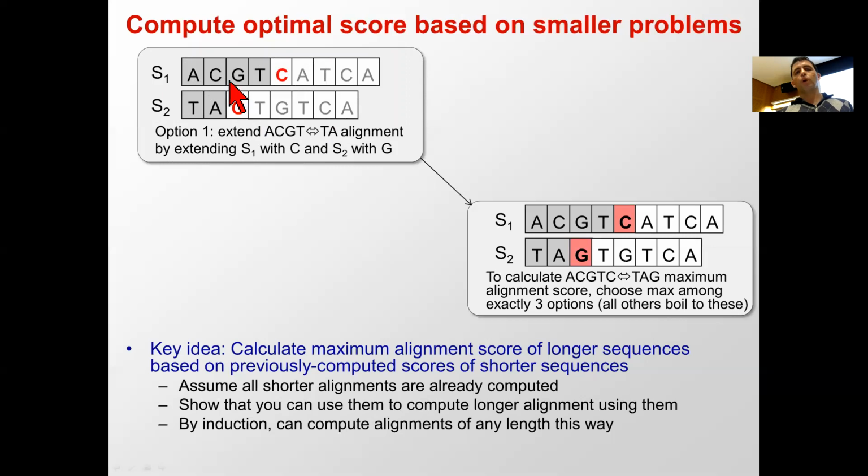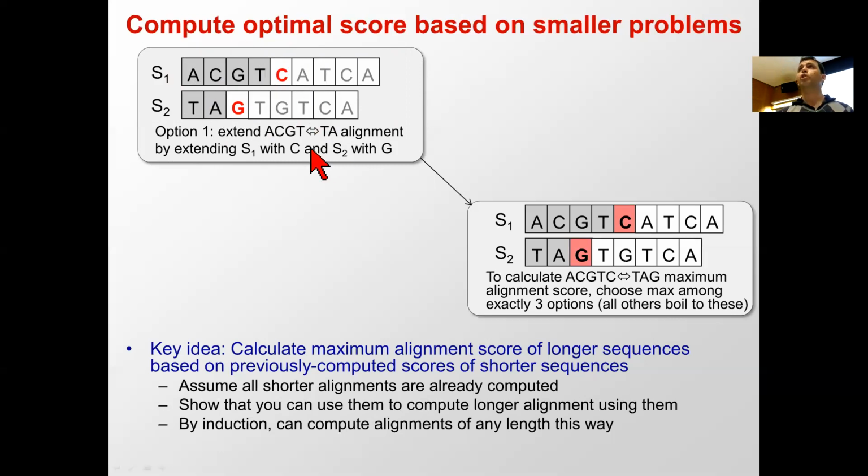Well, that's simply whatever score I had between those two, plus the score of aligning C to G. And if it's a purine, it's one score. If it's a pyrimidine to pyrimidine, it's another score. And if it's a transversion, it's a different score. Okay, so basically, I can just look up my score matrix of what is the cost of aligning each of ACGT to each of ACGT. Everybody with me so far?